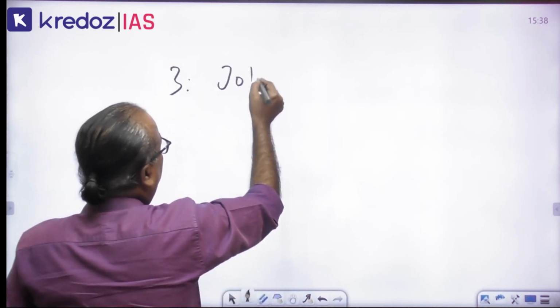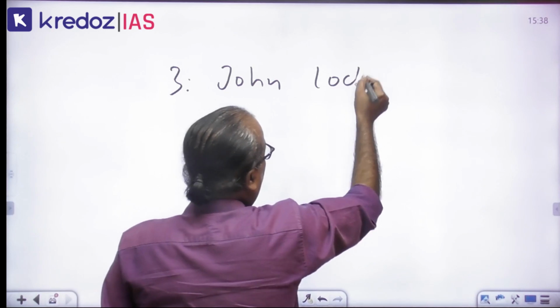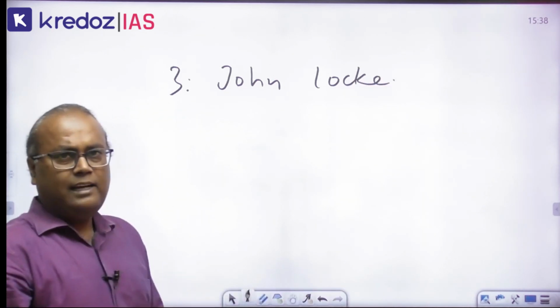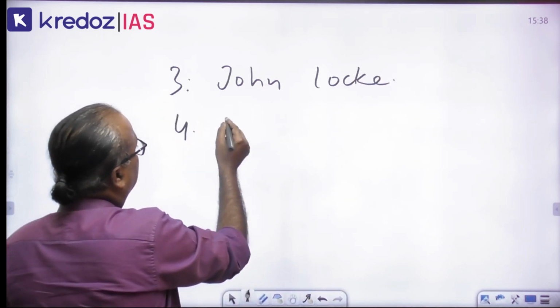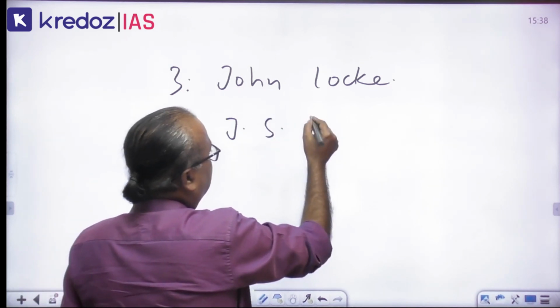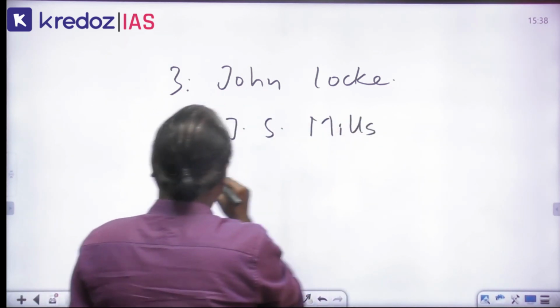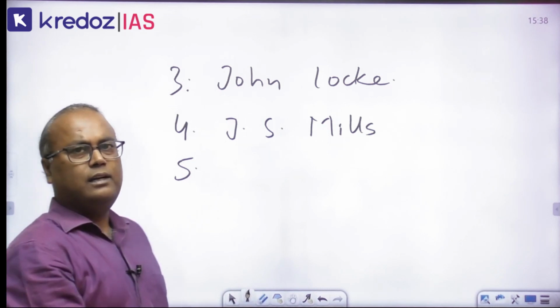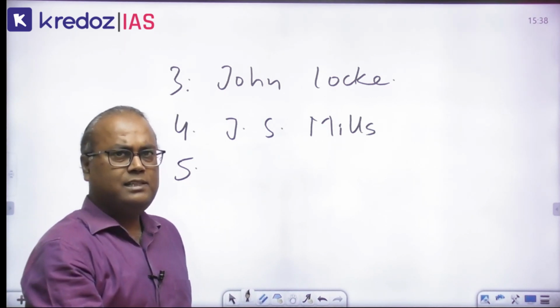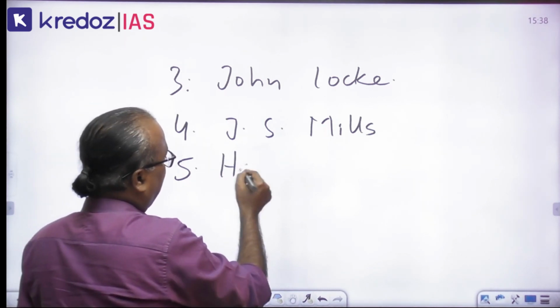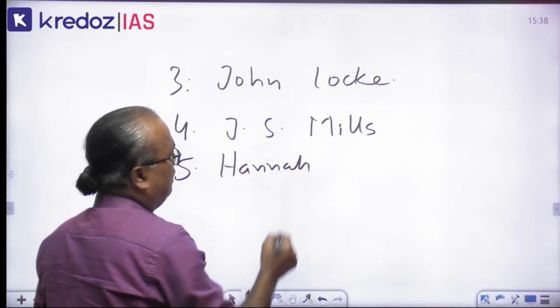Then John Stuart Mill. The fifth one is Hannah Arendt.